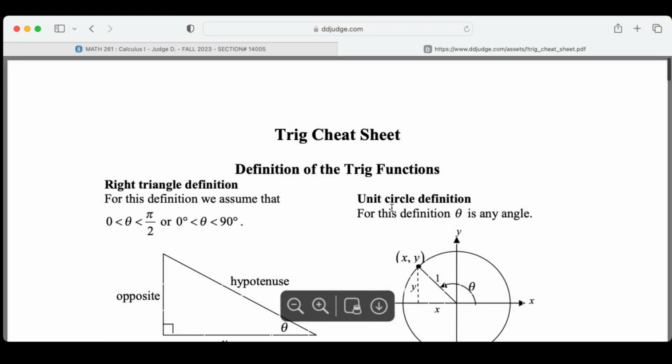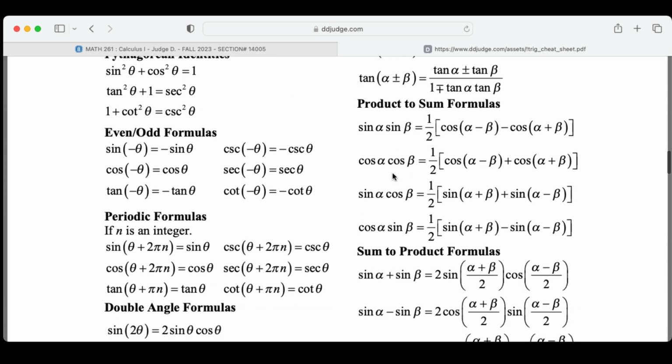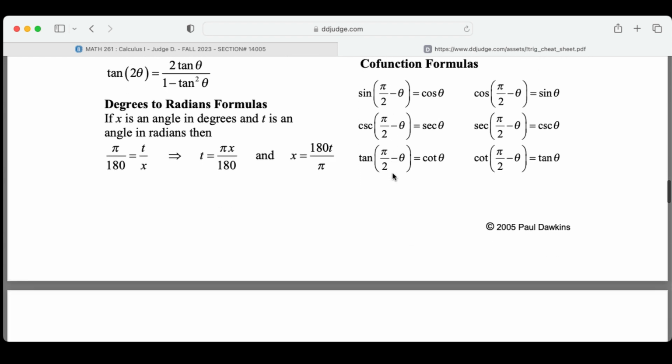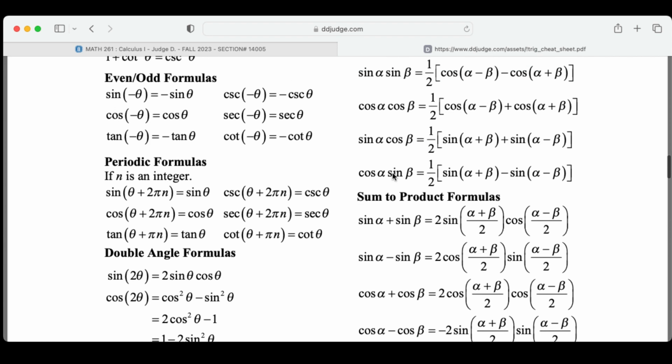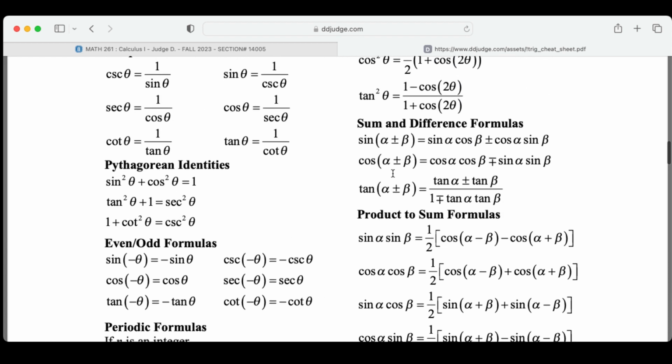When I teach trig, there's this cheat sheet, and we share with the trig students where some of this comes from. In fact, all of it comes from there. So we want to know, what's sine of a sum?